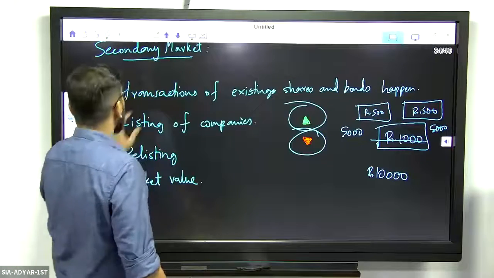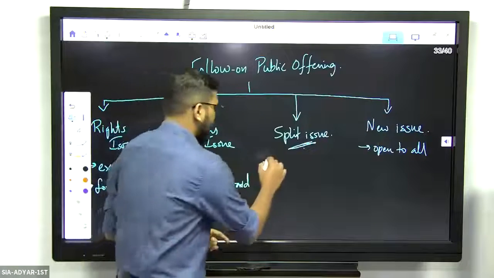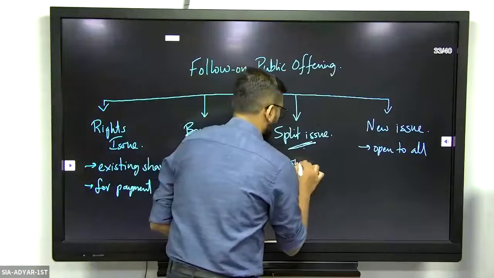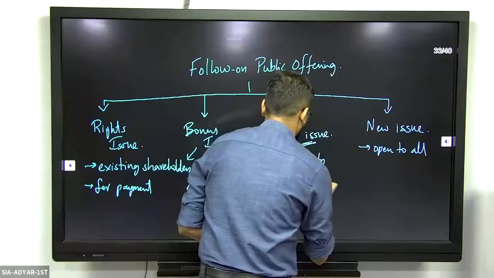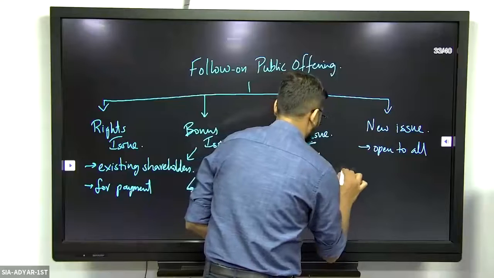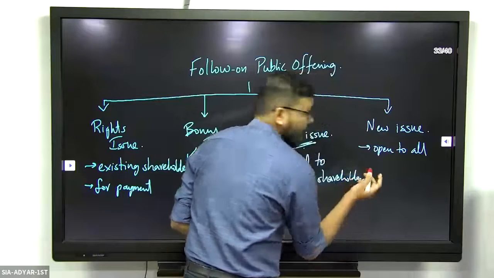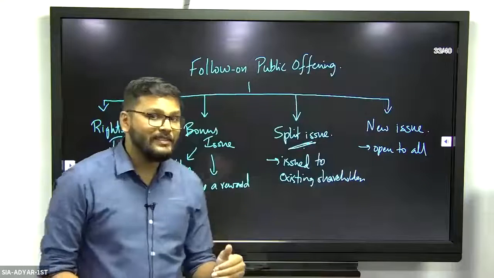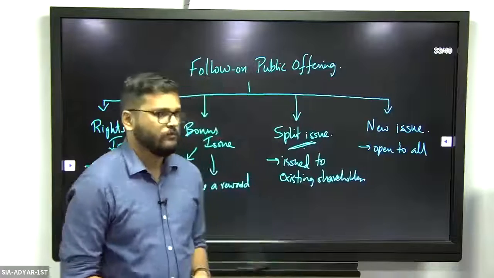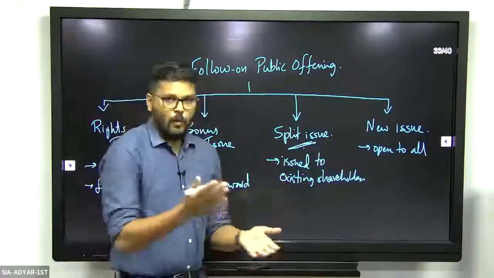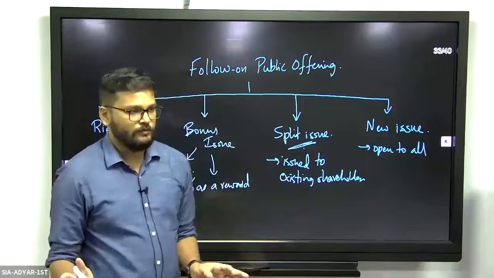Now coming here, how does it impact? Split issue is issued to existing shareholders. The next point, it increases the shares in the hands of a person without increasing the value, because the value is still the same. One share is divided into two, that's all.